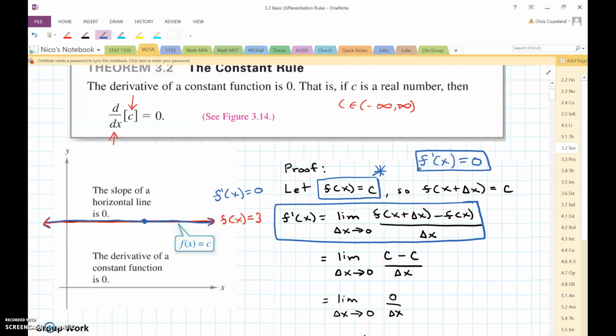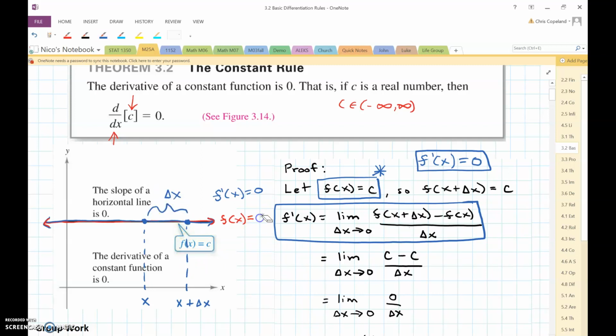Let's say this is x, then this would be x plus delta x, where the distance between these two is delta x.